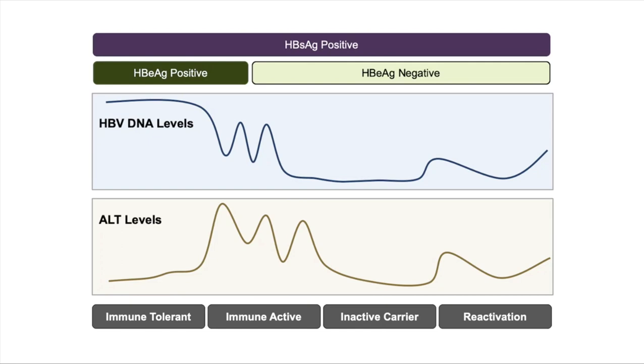As the virus continues to replicate, ALT levels increase. What often happens in that case is that we may begin to clear the virus. So Hep B DNA levels might go down as the ALT levels are going up, but they don't clear completely. So in a Hep B envelope antigen positive case, viral loads tend to be higher in active disease.